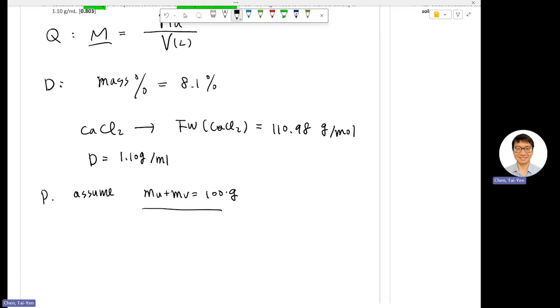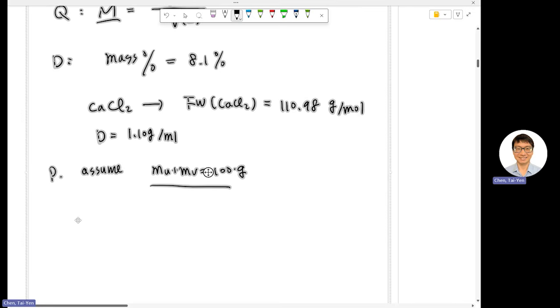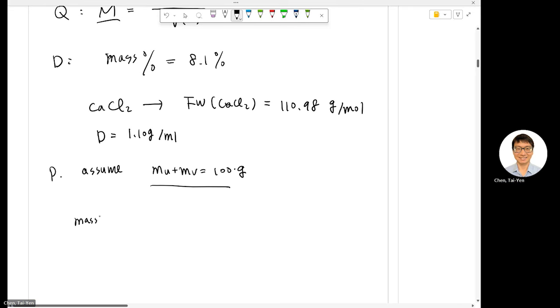Okay, we want to do this simply because your mass percent is defined as the mass of your solute divided by the mass of your solute and solvent, multiplied by 100, right?